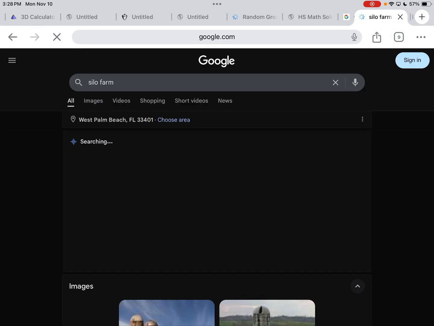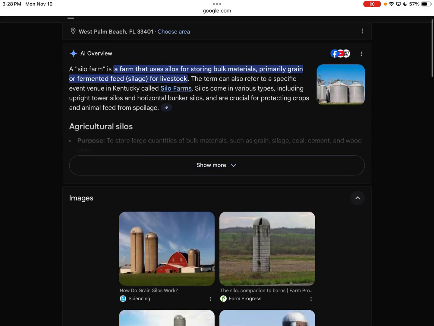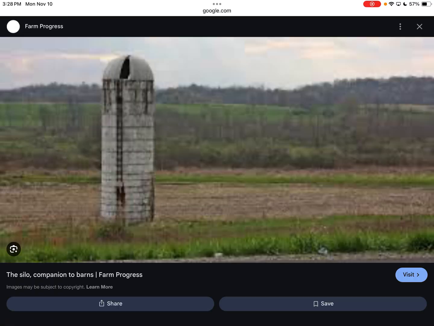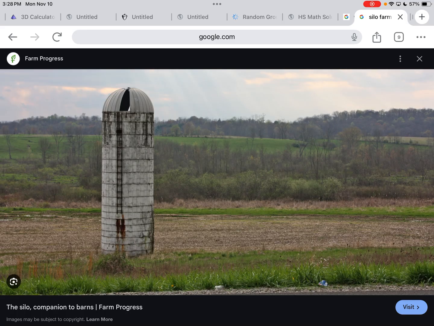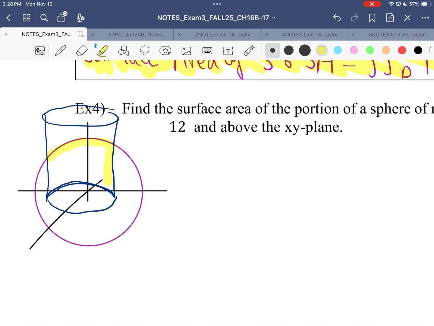Looks like soda cans. This is what I'm picturing. It's not zooming in, but that's what we're trying to find the surface area of. It's very busted looking. Okay, so we're like grain silo.